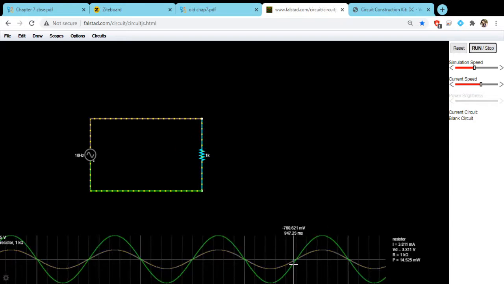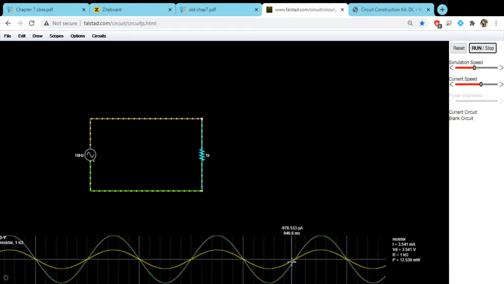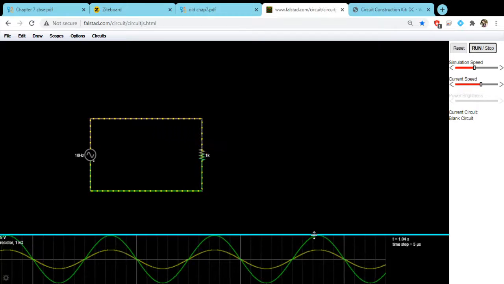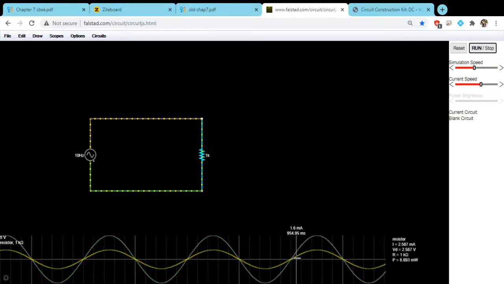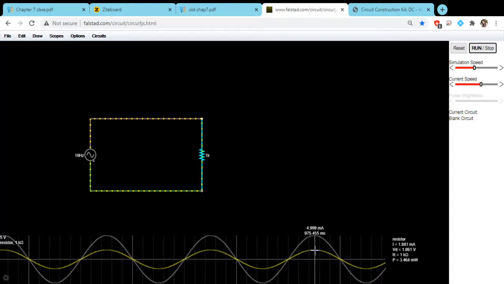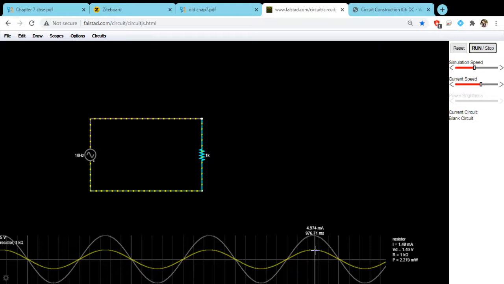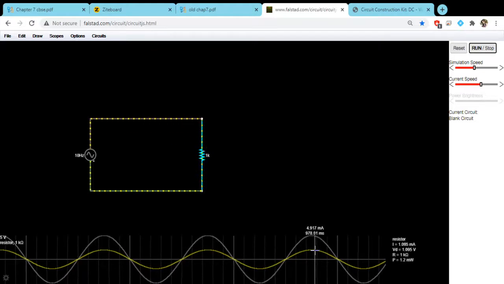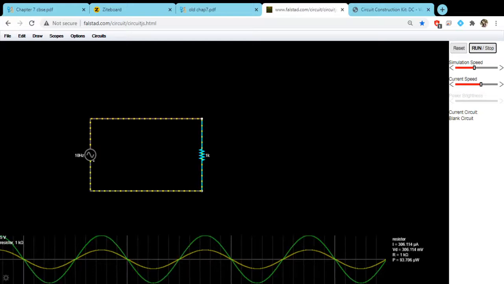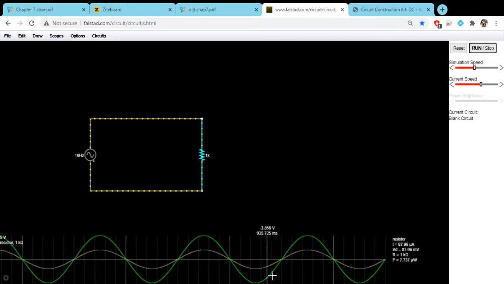So here in our graph, the green graph is for voltage. As voltage increases, the current also increases. The yellow graph, they both change simultaneously, with respect to each other's time relation.